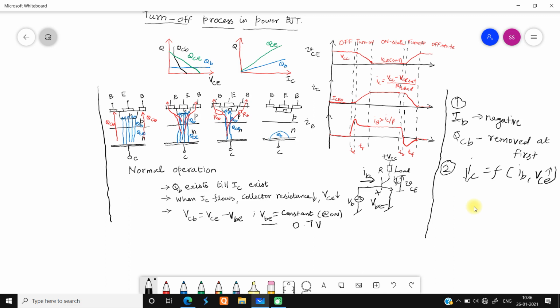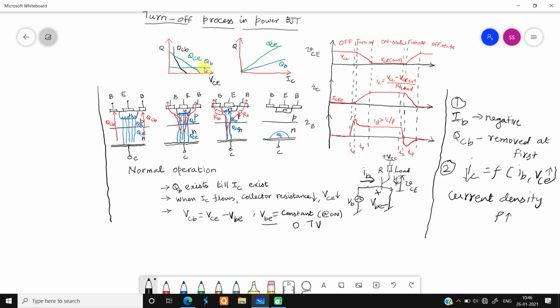Since VCE is increased, the QCE will be decreased, but the current density across this device on the base and the collector side will become enormous. Since VCE is increased, the current density across the device will be increased due to the presence of this particular QCE.